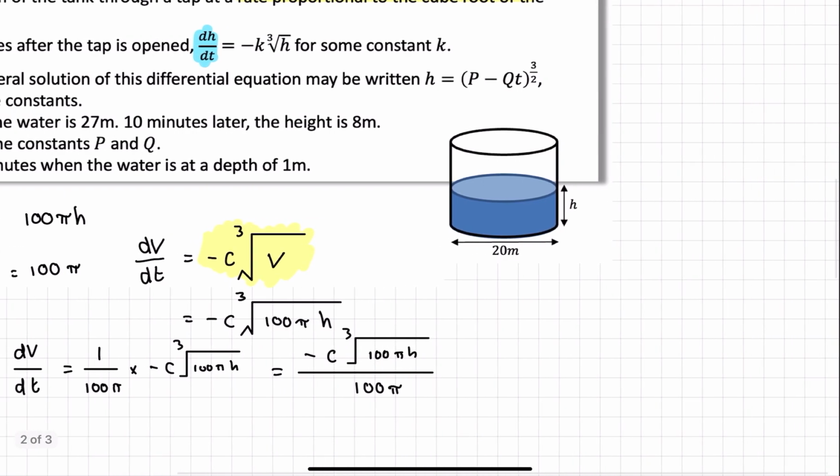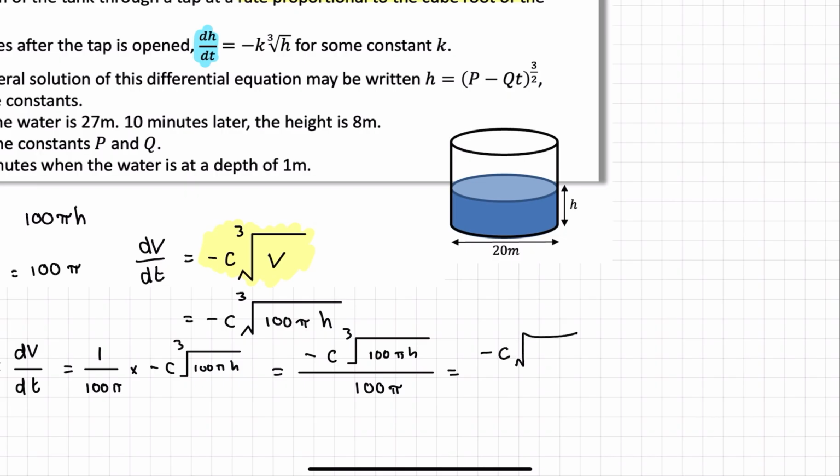Okay, we want to write it in the following way. So minus C times the cube root of 100 pi times the cube root of h, all over 100 pi. I'm splitting it up like that.